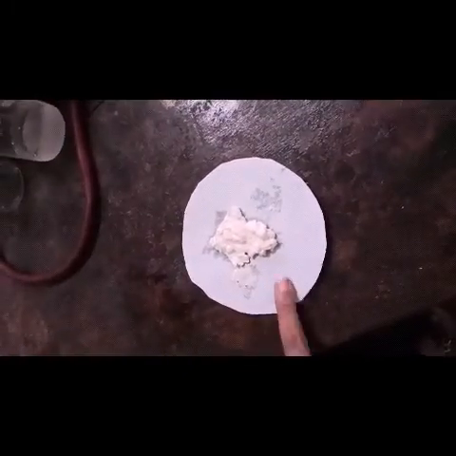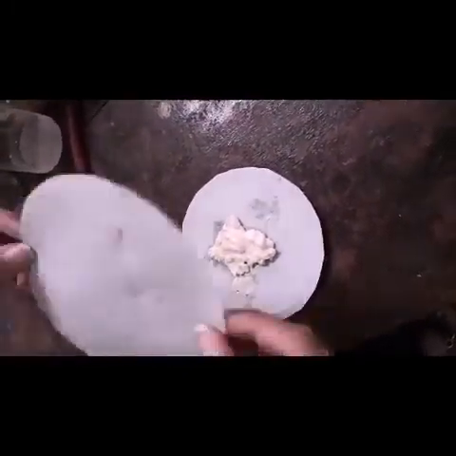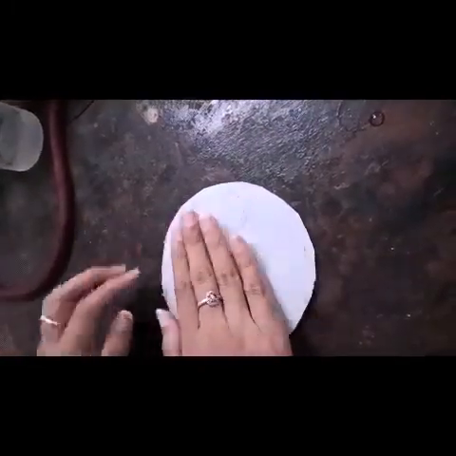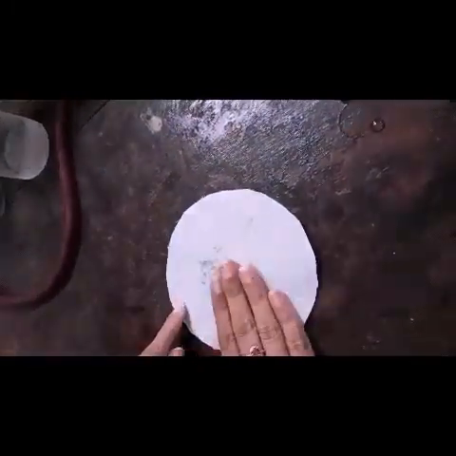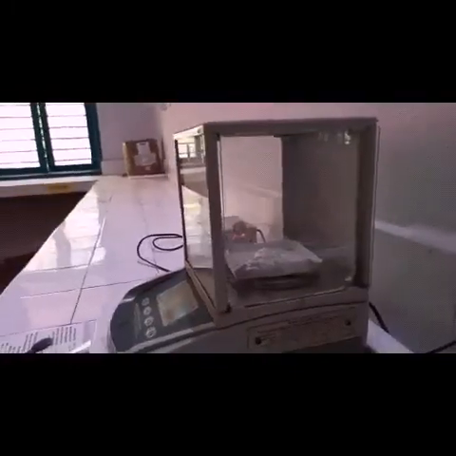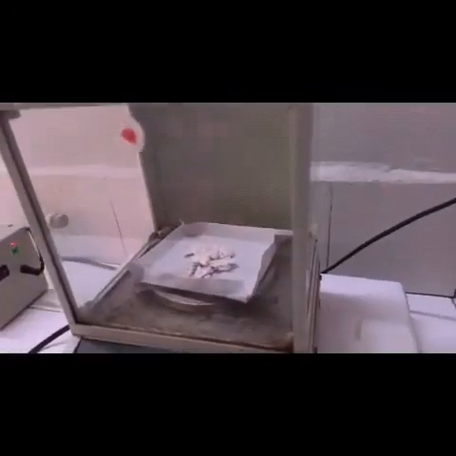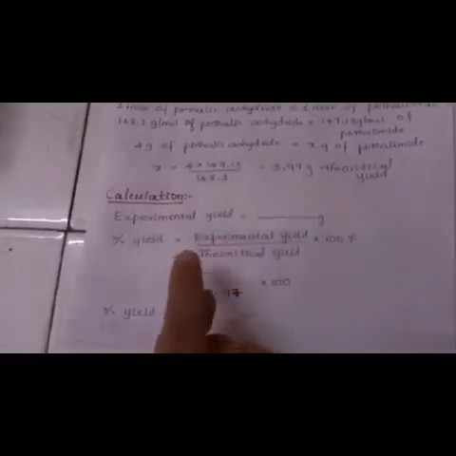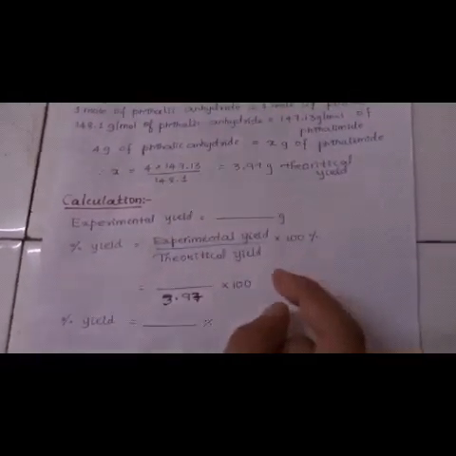The product is dried by pressing it with the filter paper. Now, after complete drying, we have to take its weight, and that is our experimental yield. Now the compound is kept for drying. After drying, the weight of the product is noted. After weighing the product, we will get the experimental yield in terms of grams.